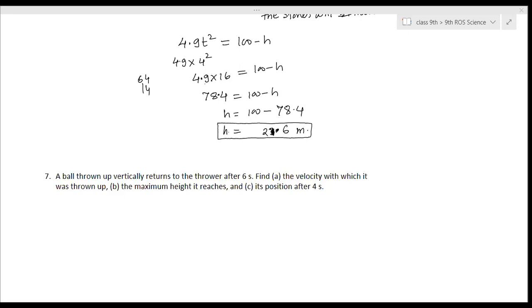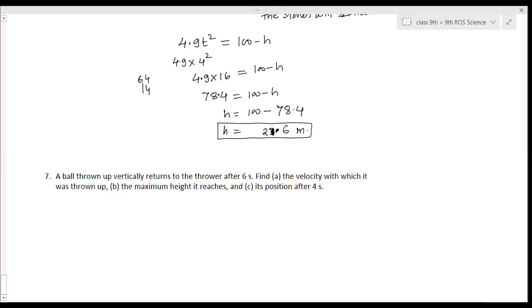Okay, ma'am. Ma'am, is the B1 44.1? Yes.